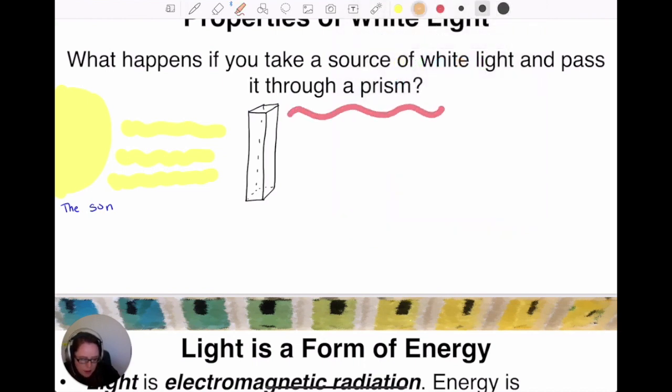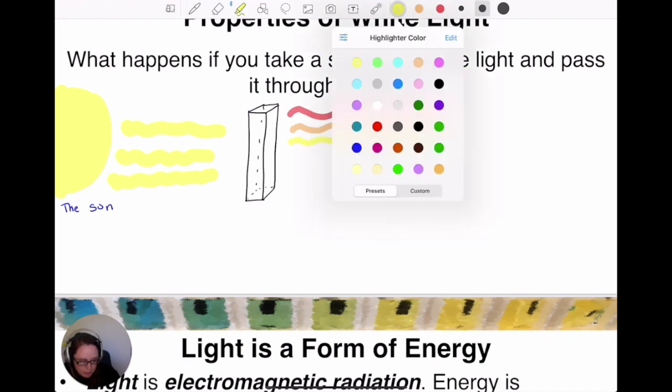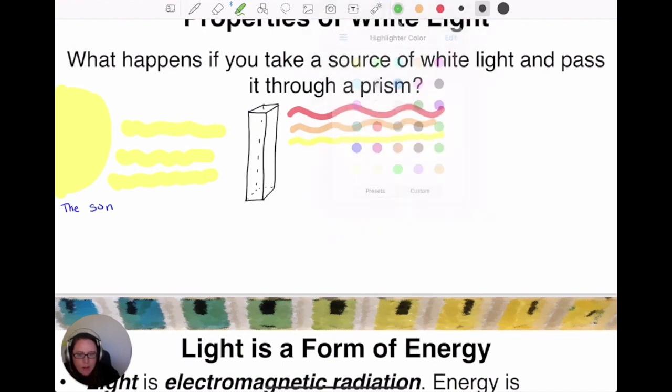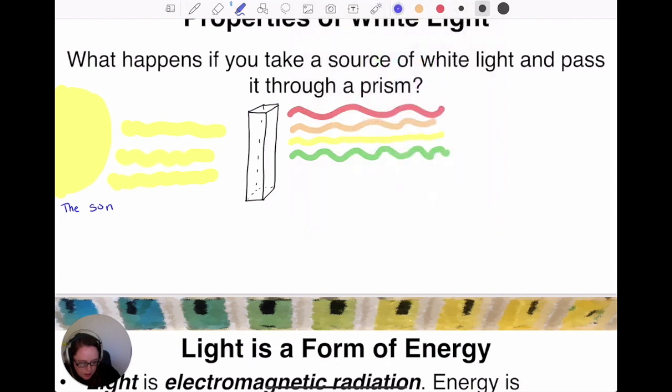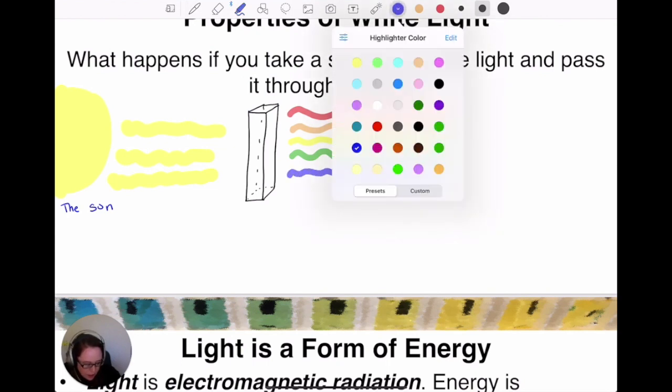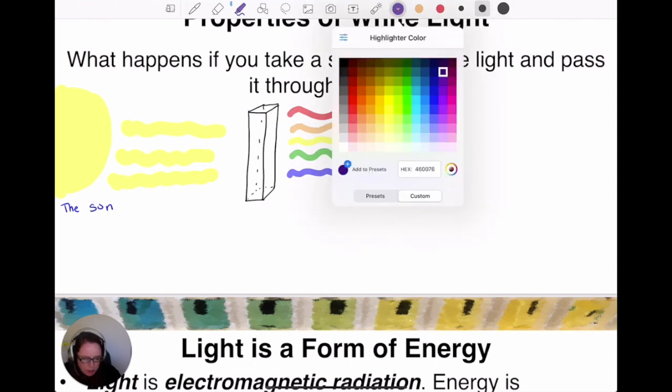Okay. So I have orange. We'll have yellow light. And then we have a green. We'll have blue. And then indigo, which is like a really dark bluish purple. So I use this usually for indigo.